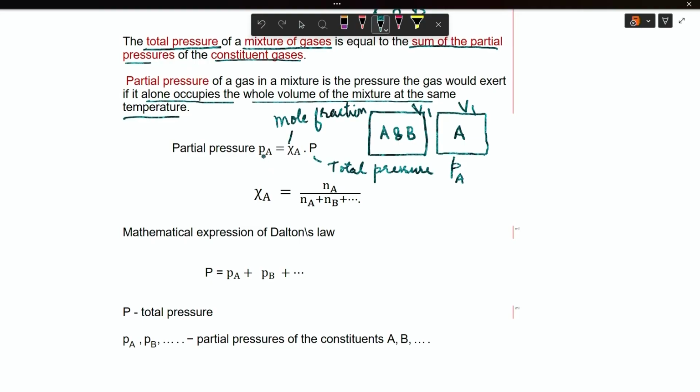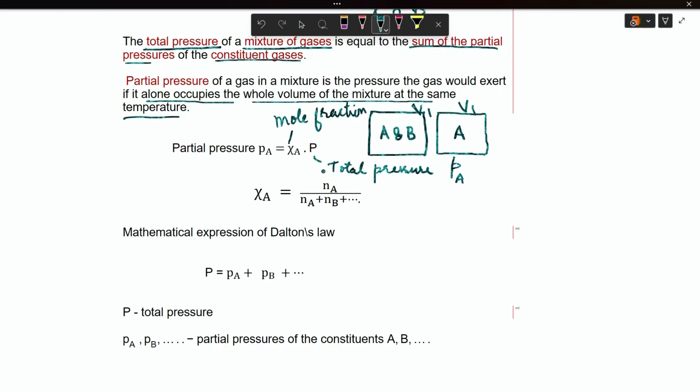So, partial pressure of any constituent, in this case it is A, p A is equal to mole fraction of A, chi A, multiplied by capital P, that is the total pressure. It is a product of mole fraction and total pressure of that particular constituent.